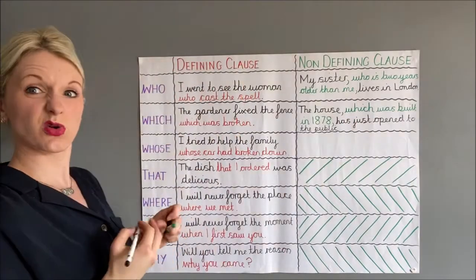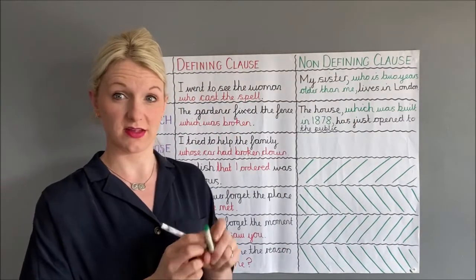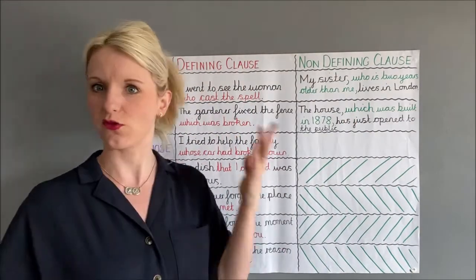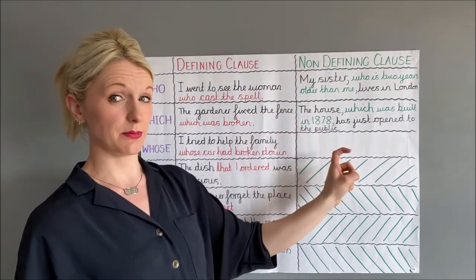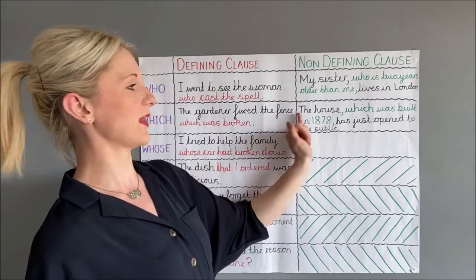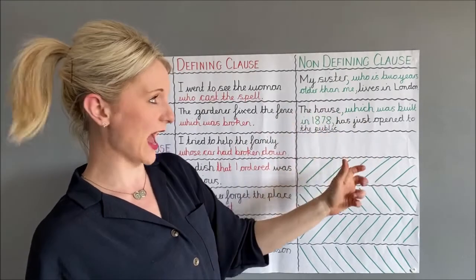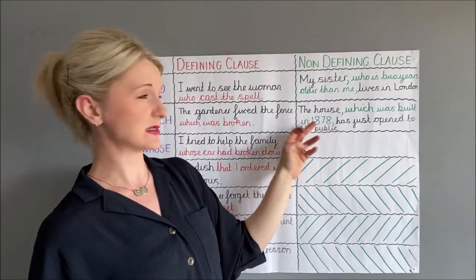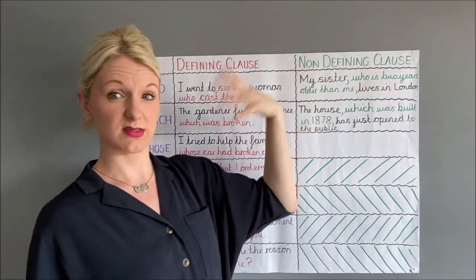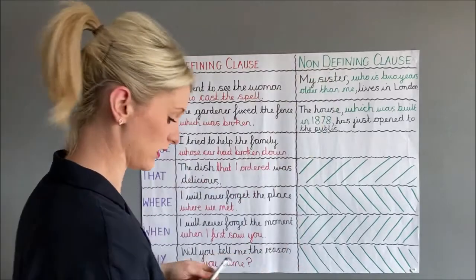Okay, so if I was talking about a royal residence maybe, so for example, I don't know, Osborne House, which is placed on the Isle of Wight, you might say the house has just opened to the public, but I'm telling you something extra about it. The house, which was built in 1878, has just opened to the public. So it is not essential for the sentence to make sense, but it helps to give some extra information. So it's a non-defining relative clause.